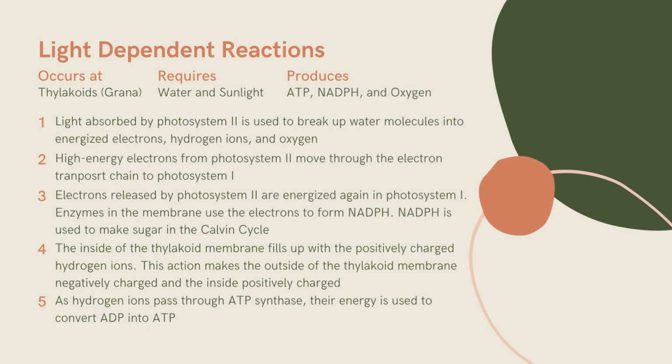The thylakoid membrane contains a system that provides new electrons to chlorophyll to replace the ones it has lost. These new electrons come from the water molecules that we require for this reaction. Enzymes on the inner surface of the thylakoid membrane break up each water molecule into two electrons, two hydrogen ions, and one oxygen atom.